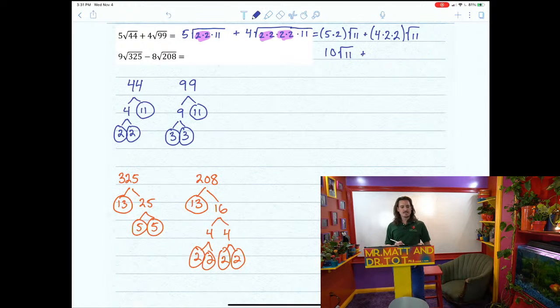Now we have common radicands, so we keep the radicand and add the coefficients, so this is the same thing as the square root of 11 times 10 plus 12. 10 plus 12 is 22. So your answer here is going to be 22 root 11.